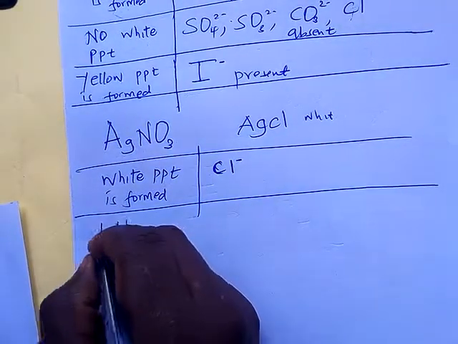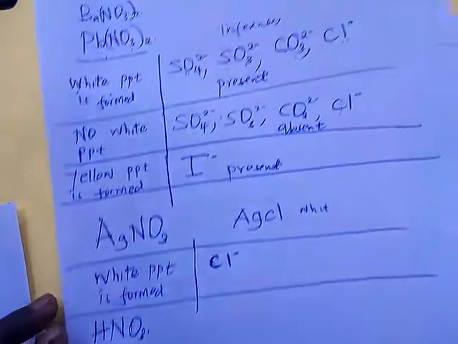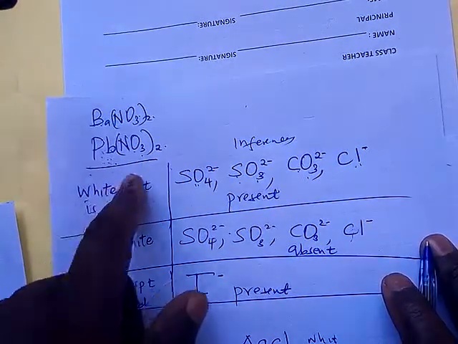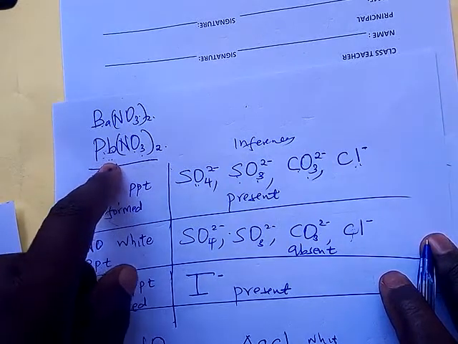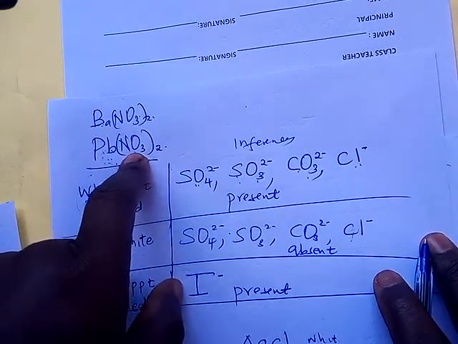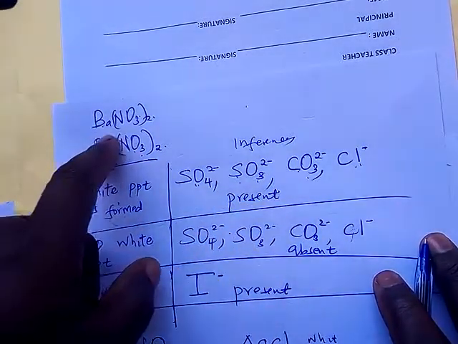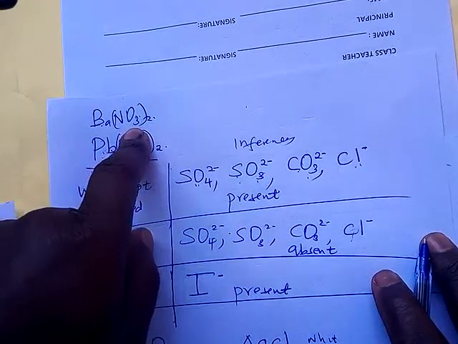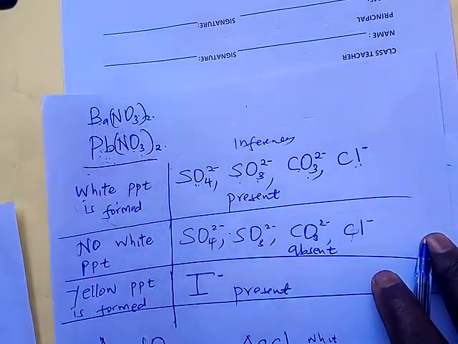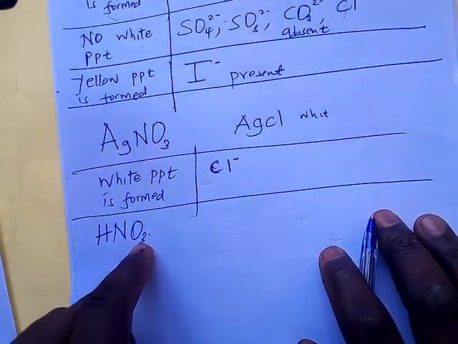How do we use nitric acid? You will be asked, into a test tube, add 2 drops of lead nitrate, and then you will form this. To the next one, add 2 drops of barium nitrate, followed by 2 centimeters cube of nitric acid.